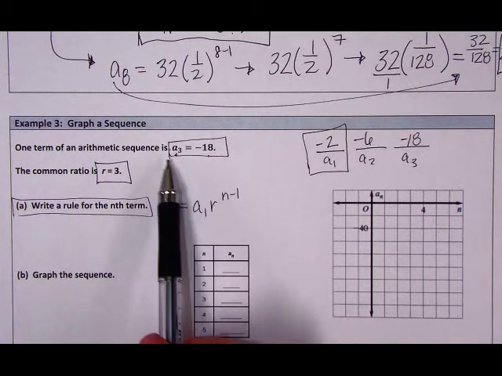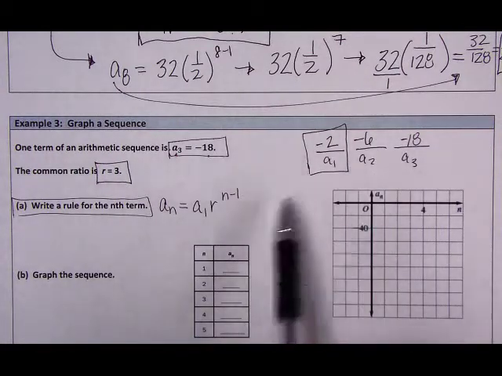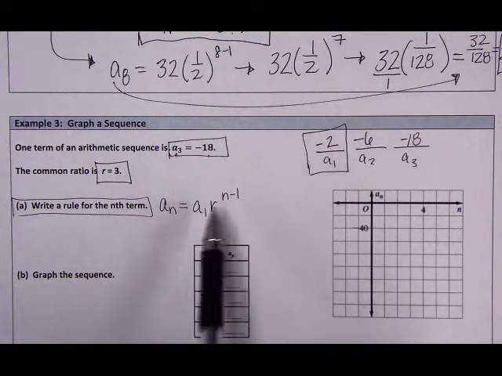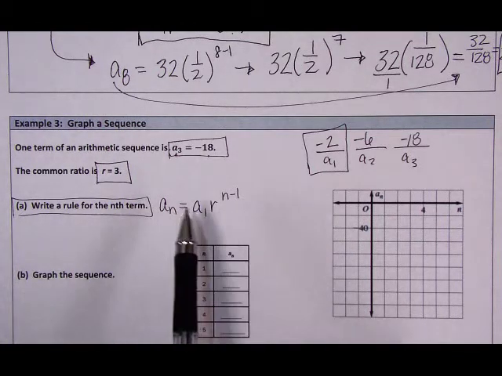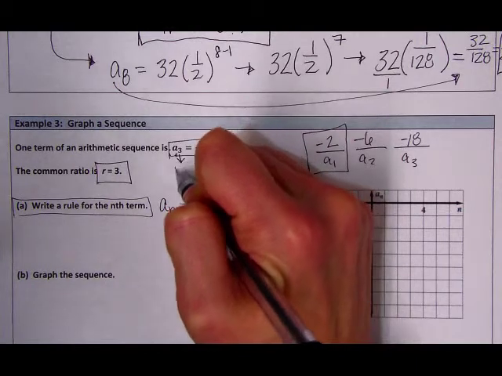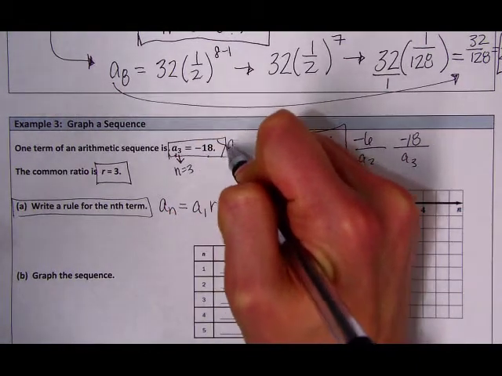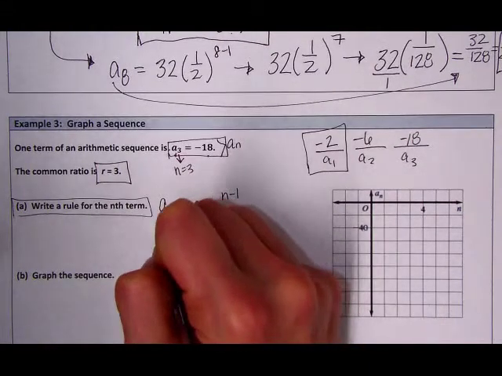If I was given, let's say, the 16th term, this would be a lot more tedious to do. So there's another way I can go about using my original formula, just like I did with the arithmetic, to find my first term. A sub 3 is obviously n is 3. Negative 18 is my a sub n when n is 3. So I can actually use my rule here.